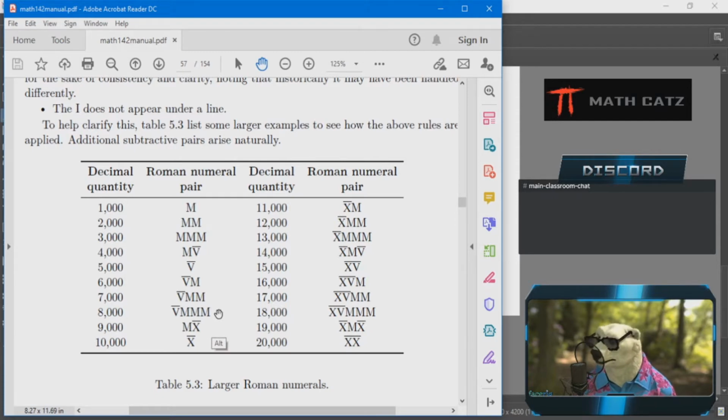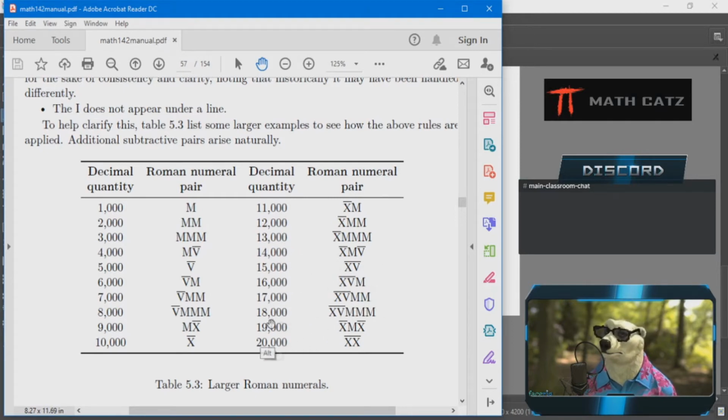Yeah, straightforward, just additive, list more and more. 9,000 is a new subtractive pair. 10,000 has a line. 11,000, 12,000, 13,000. Yeah, it's a 10,000 and the thousands symbol. 14,000 isn't a new subtractive pair or anything. It's just 10,000 with 4,000. It's still decimal, so I do one decimal place at a time.